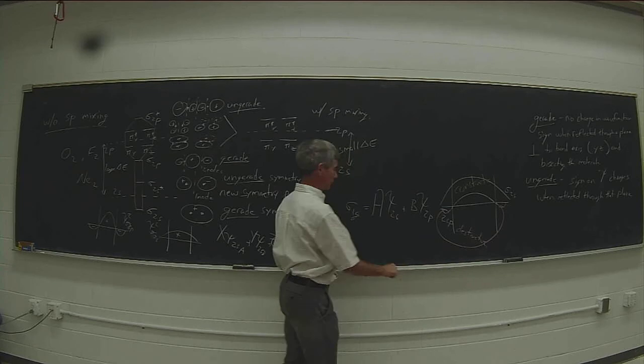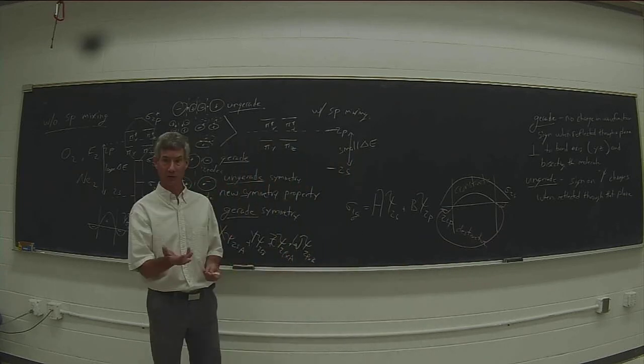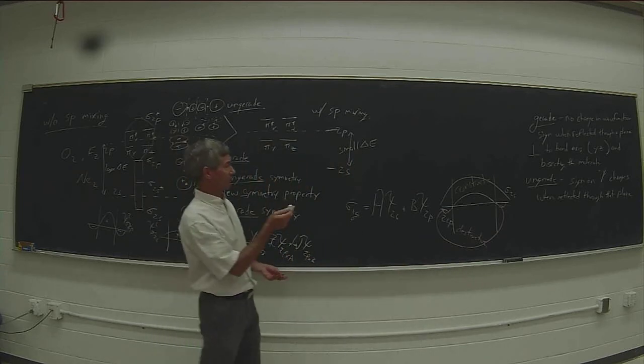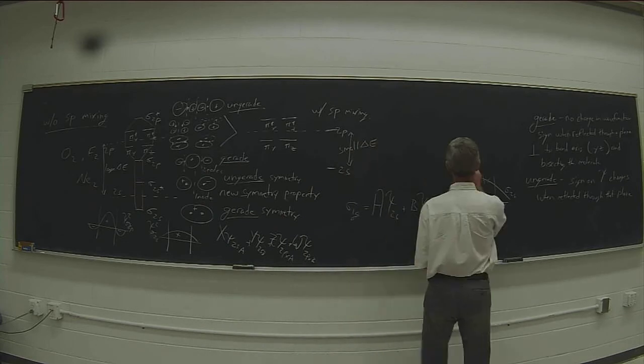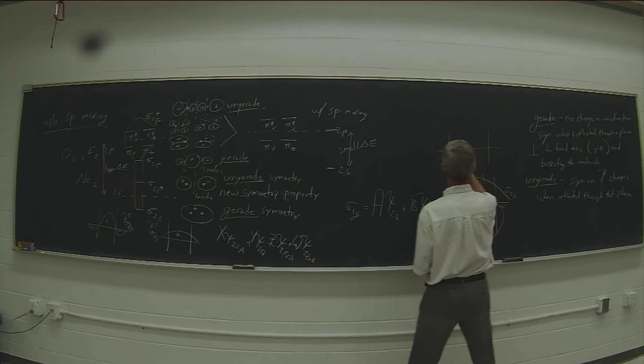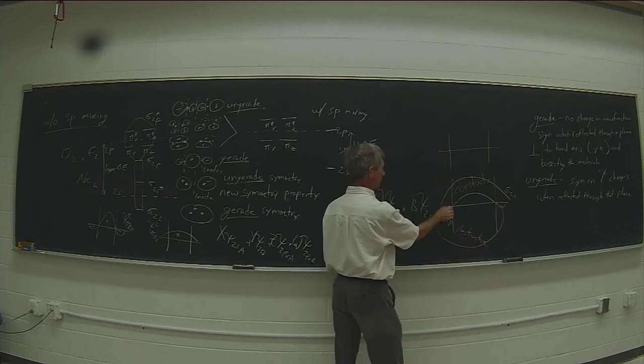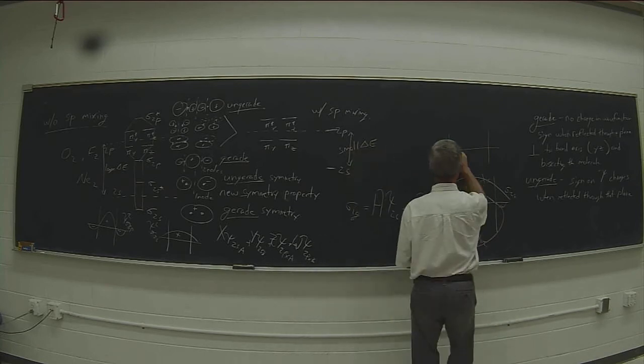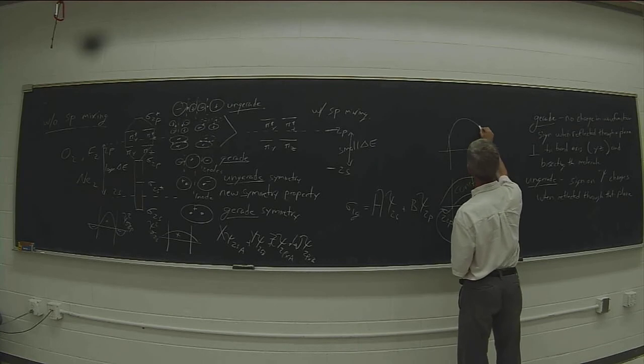What that's going to do is it's going to cause the orbital to bulge in the middle and have less electron density on the outside. So when I look at the result, right, some of this energy is going to disappear, and I'm going to have a bigger bulge in the middle.